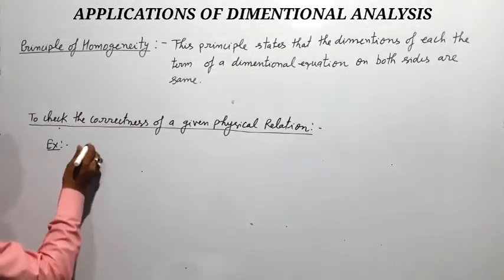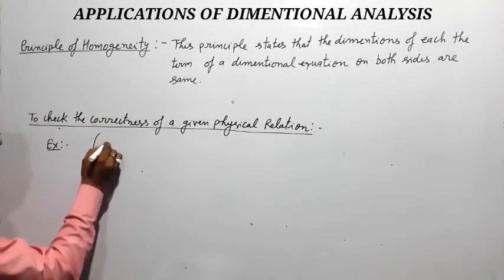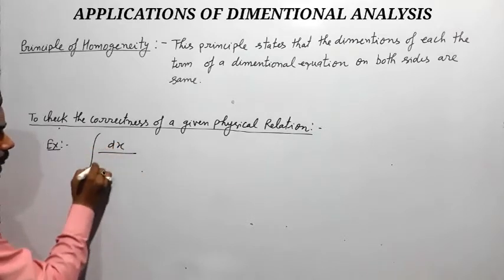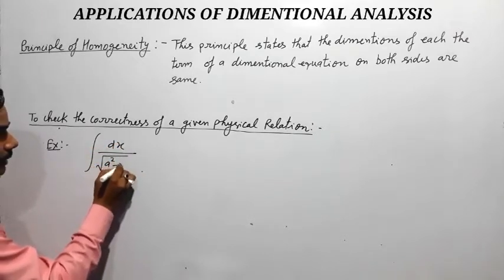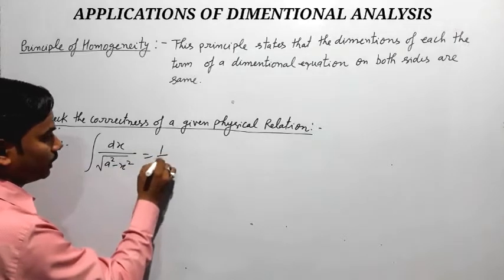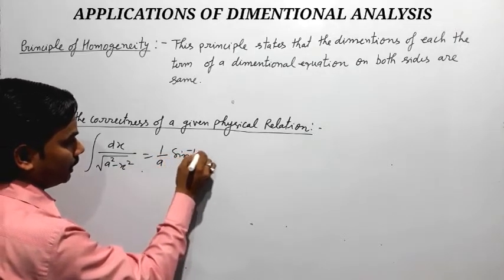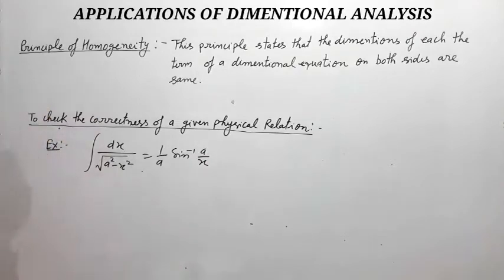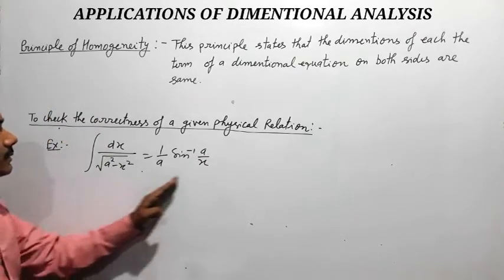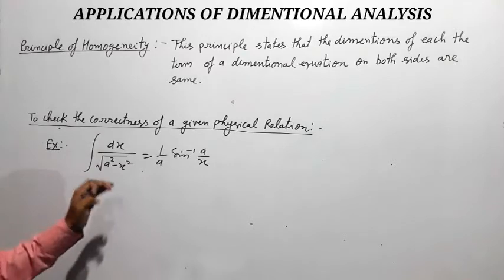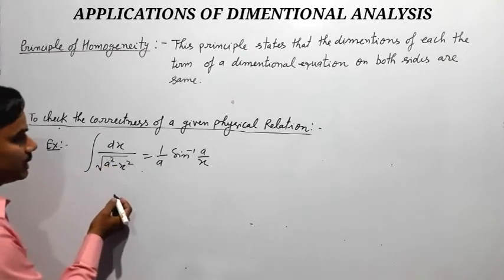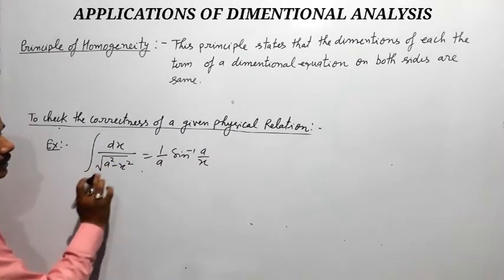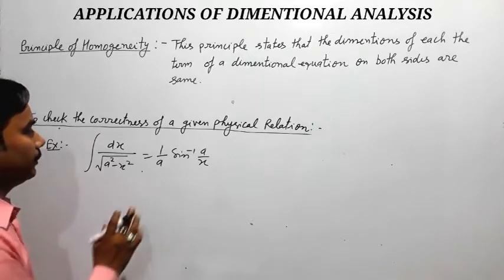Suppose we have a relation: integration of dx upon root a square minus x square equals 1 upon a sine inverse a upon x. We have to check whether this equation is dimensionally correct or not. In this example, a and x both are measured in meter.